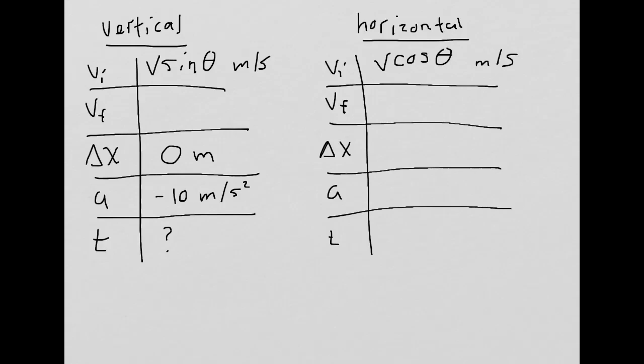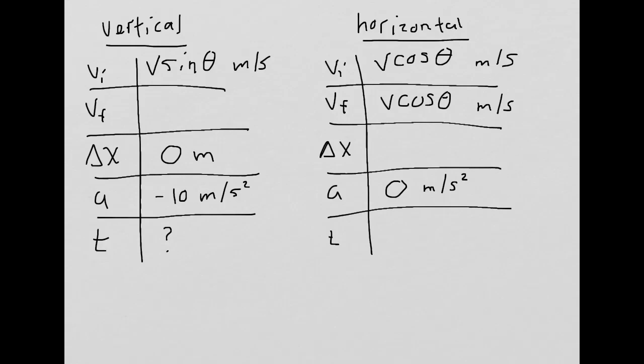And then in terms of the horizontal, remember that the horizontal velocity remains constant because there's no acceleration with respect to horizontal motion in this case. So acceleration is 0, and that gives us a final velocity that is constant, so that's v cosine theta, in meters per second.